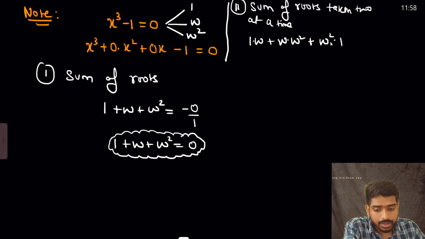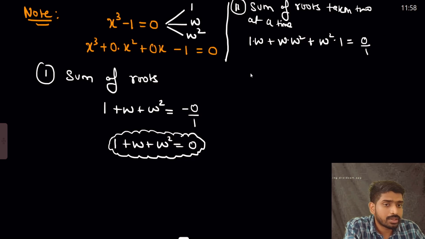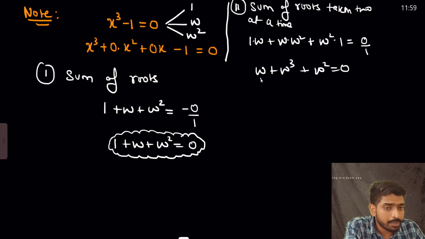Understood? Here this is c by a, and c is also 0 here. So 0 by 1, here also we get omega plus omega cube plus omega square equals 0. Omega plus omega square from the previous result is minus 1. So here I can write omega cube minus 1 equals 0.